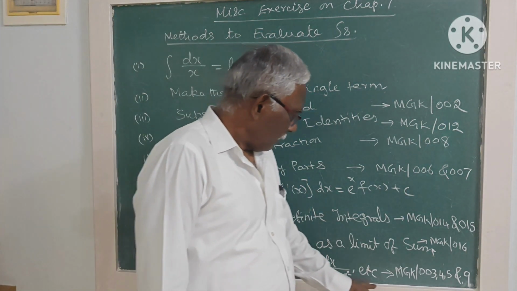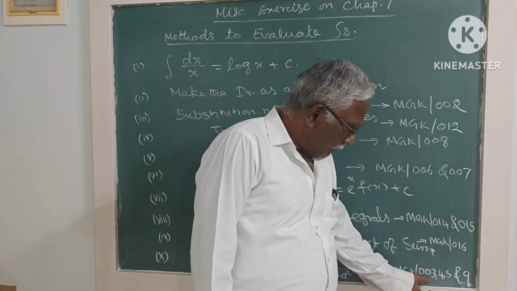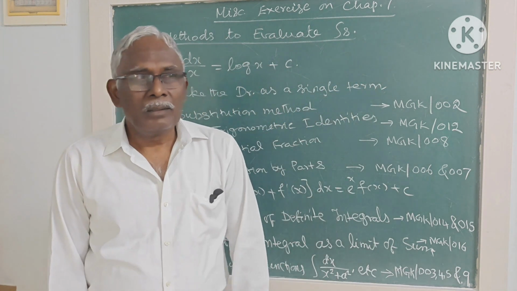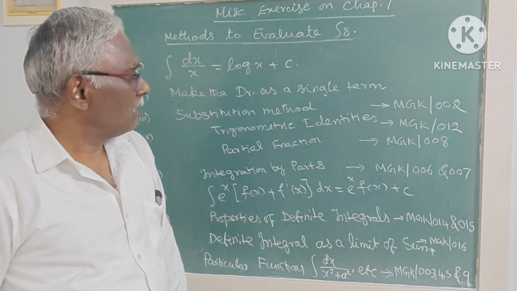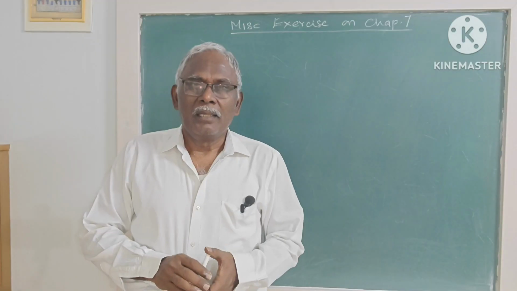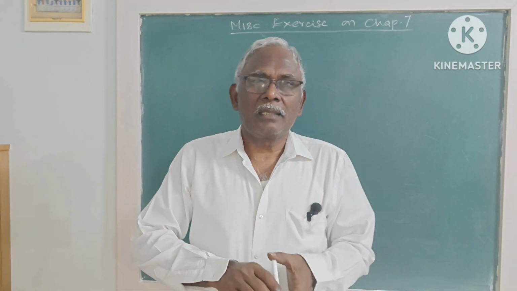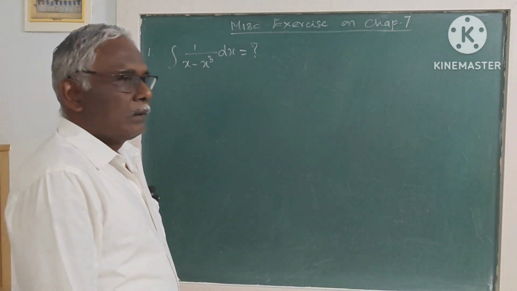We have seen all of these in MGK 003, 004, 005 and 009. So we have almost covered all the methods. We shall solve the problems given in the miscellaneous exercise of chapter 7.